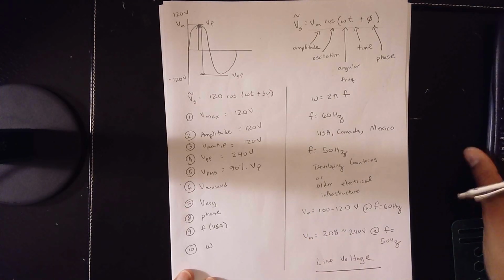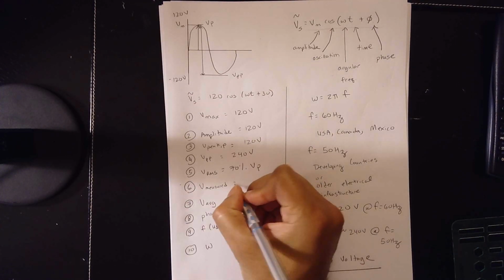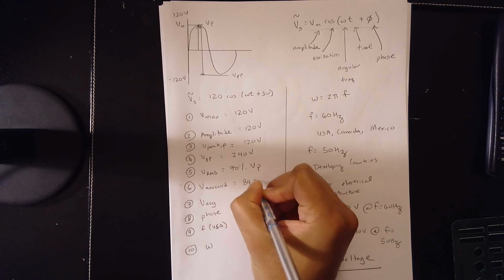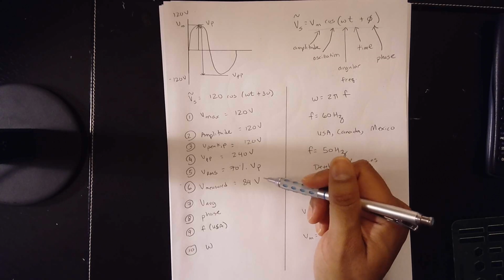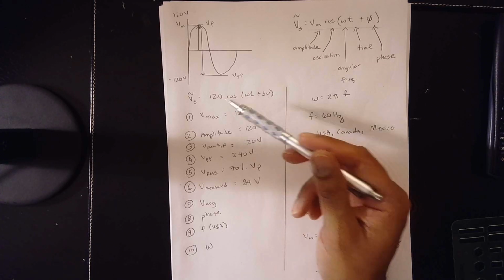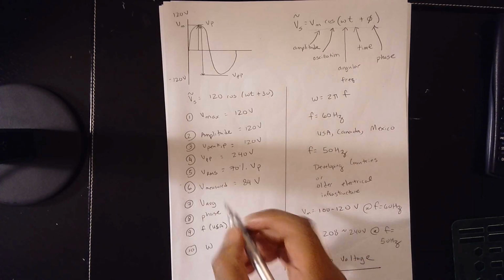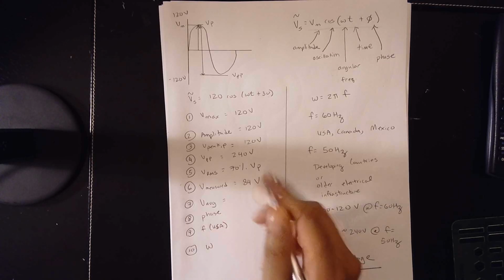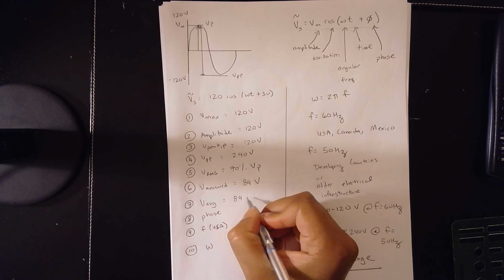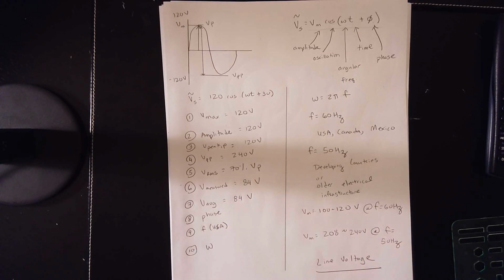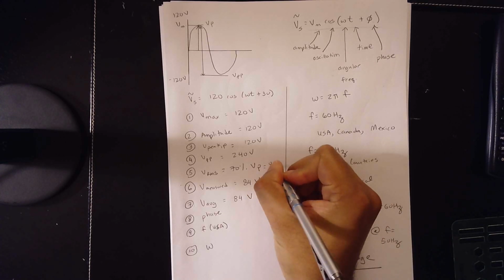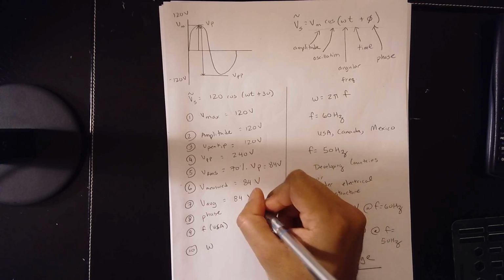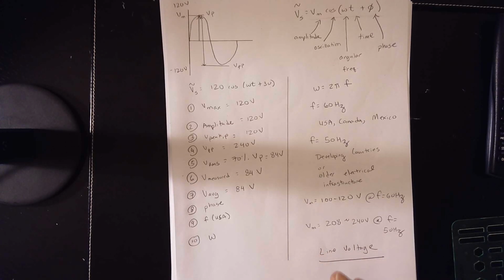So if I measure this, even though the peak is 120, I get 84 volts. What's my average voltage? Average means measured, which is also your 84 volts. These three are the same thing: 84, 84, 84.